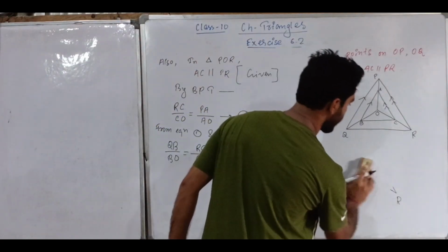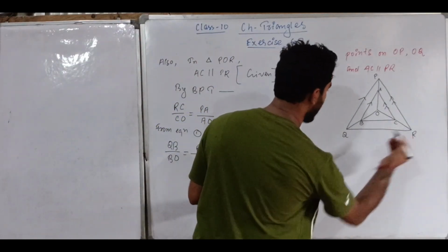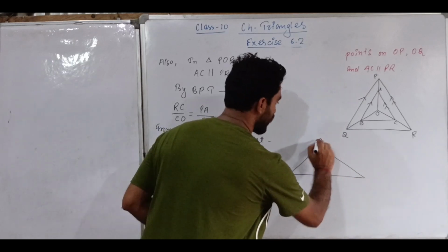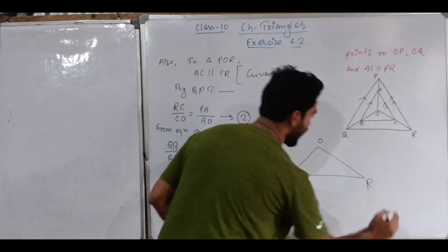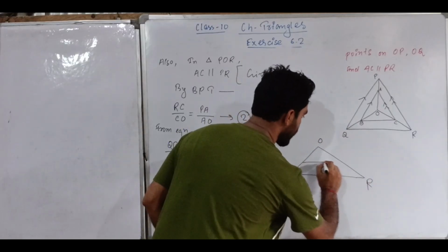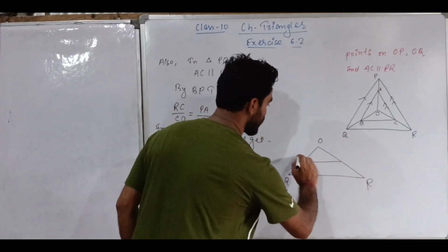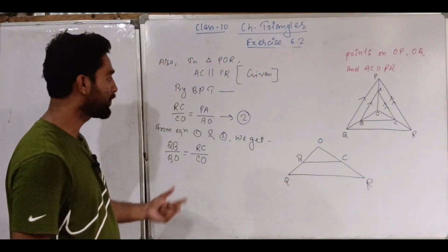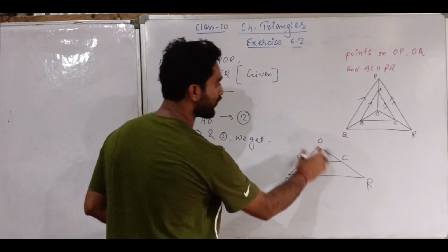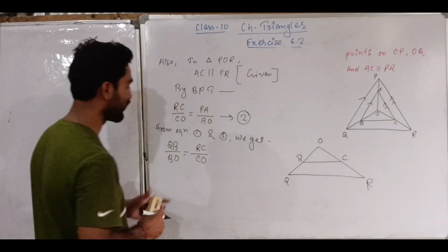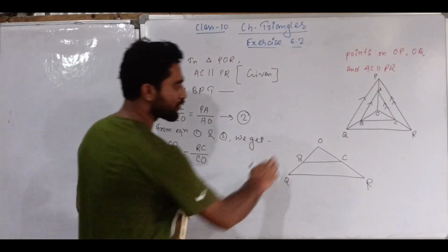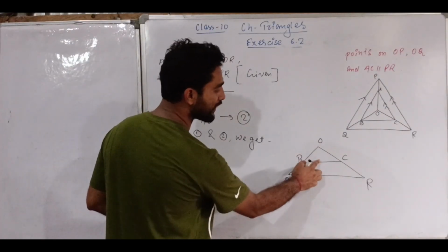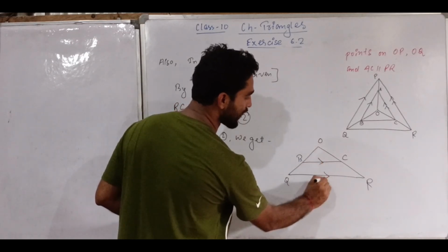Now you see, we will consider this triangle OQR. This one is B, this one is C. In this triangle, what did we prove? QB divided by BO is equal to RC divided by CO. We know that if in a triangle any line divides two sides in the same ratio, then this line must be parallel to the third side.